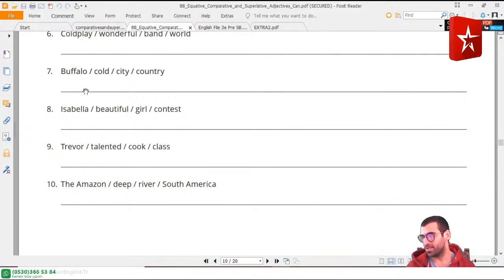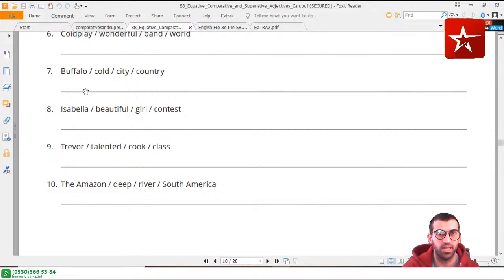Ozan says the Amazon is the deepest river in South America. Yes, the Amazon is the deepest river in South America. Great, fantastic, guys.